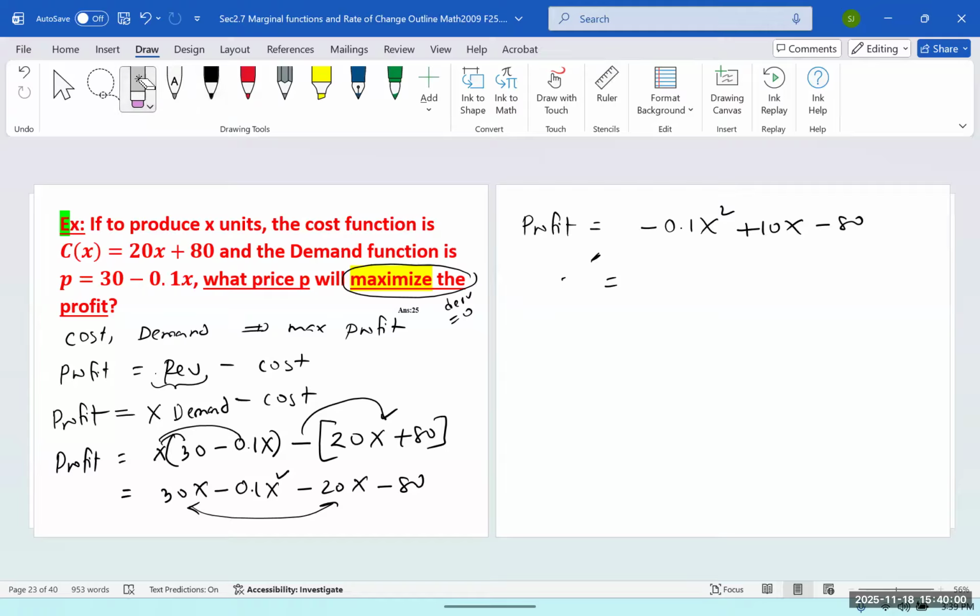Maximum profit means derivative of profit equals 0.